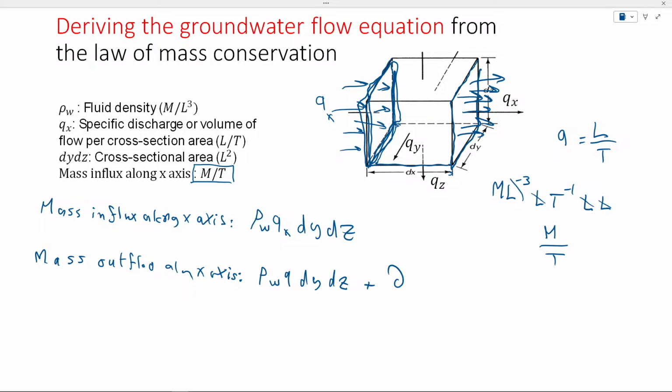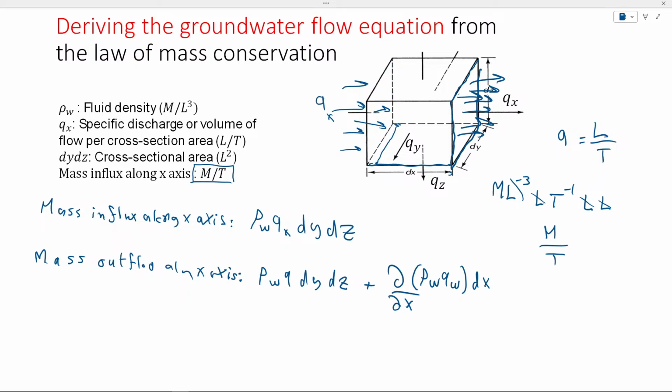That would be partial over partial x of rho w Qx, along the dx. Let me show you how this will look.